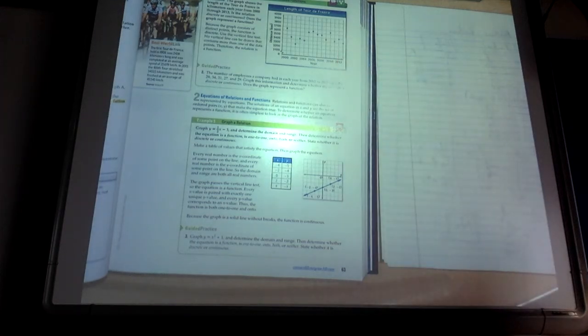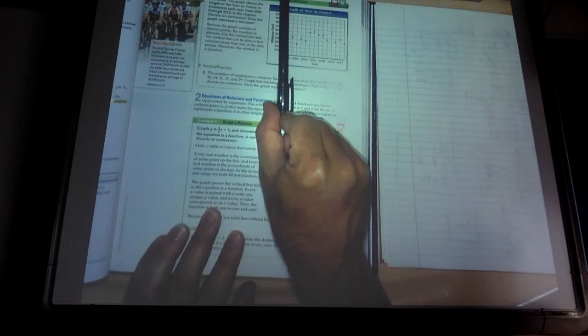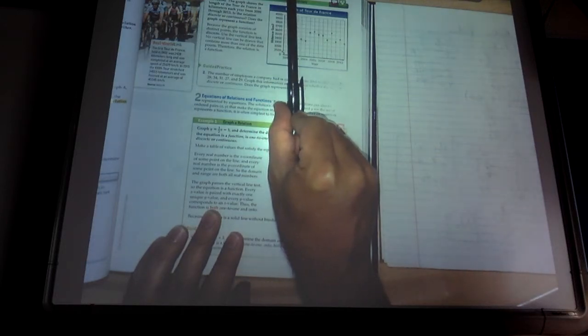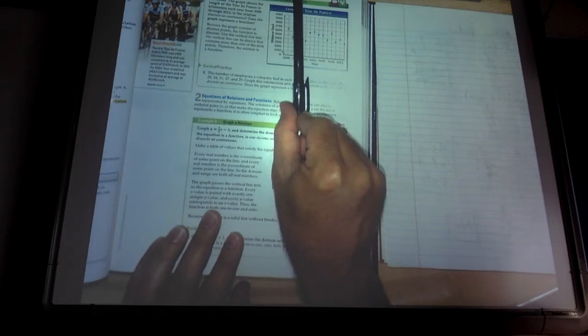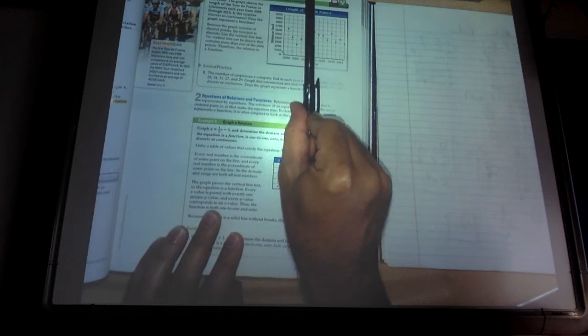Now, when we have to talk about if it's a function or not, I've got to do the vertical line test. Does each dot touch my pen only once, or as I hold it vertically, is there a spot where two dots touch the pen? Because if there is, then I'm going to have a representation that's not a function. But look, every time I drag my pen vertically, there's just one dot at a time. I'm watching the right side of my pen, or the front side.